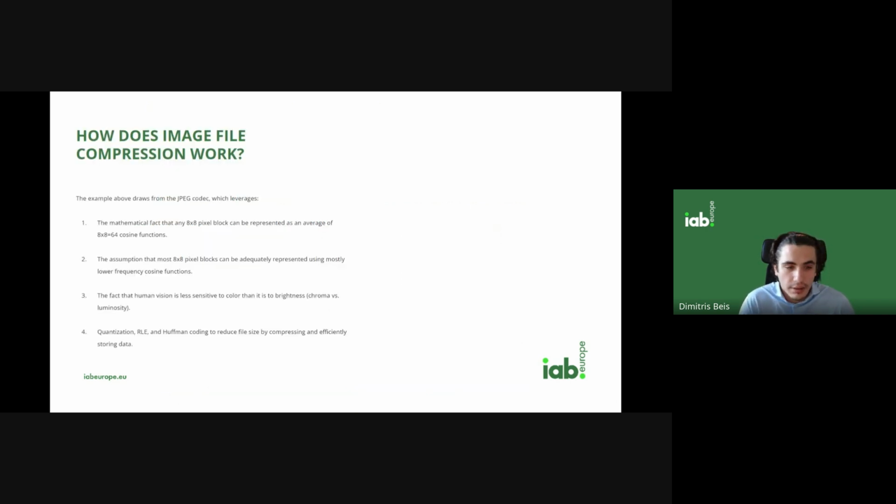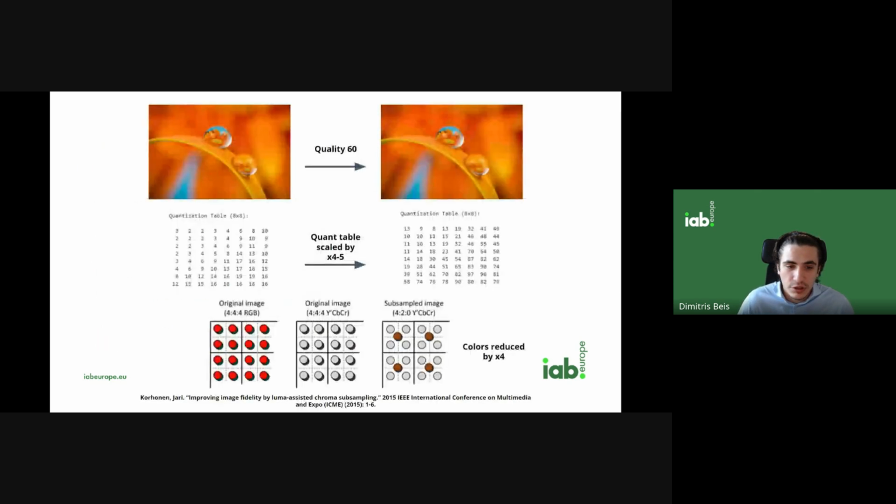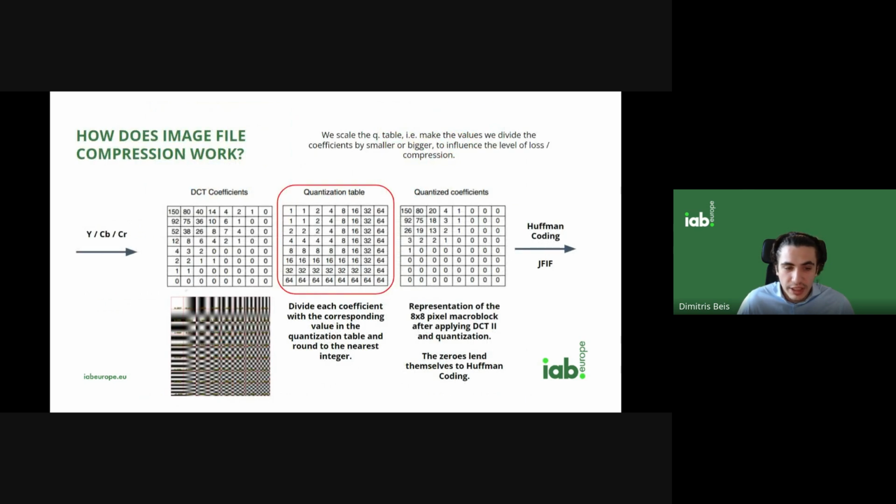Now, the entire system of JPEG compression works on these 4 facts. A, that again, you can represent any 8x8 block with cosine functions. B, that most blocks are actually adequately represented using mostly the lower frequency cosine functions. So if we go back here, these cosine functions matter much more than these.